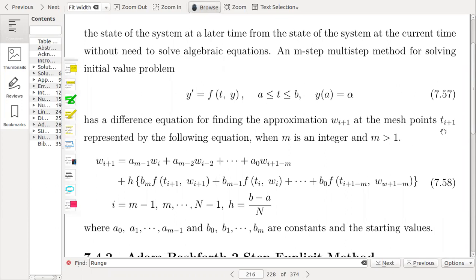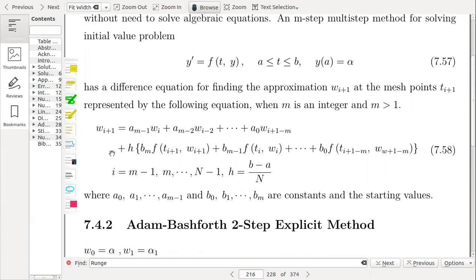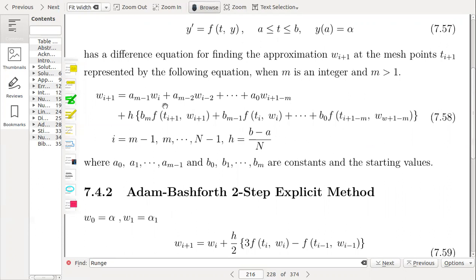Here the mesh point t i plus 1, if you change i to 0, 1, 2, 3, you will have different points which are equally spaced. So these points are also called mesh points. It is represented by the following equation when m is an integer greater than 1. So this is one of the multi-step methods, the m-step methods.